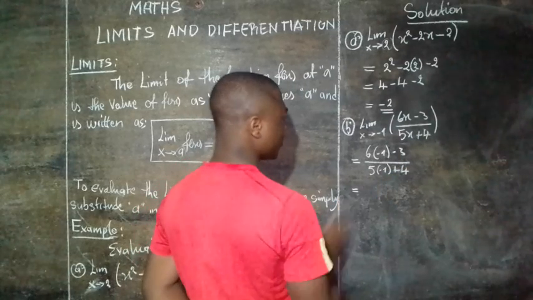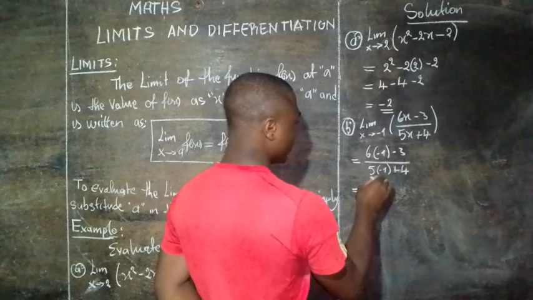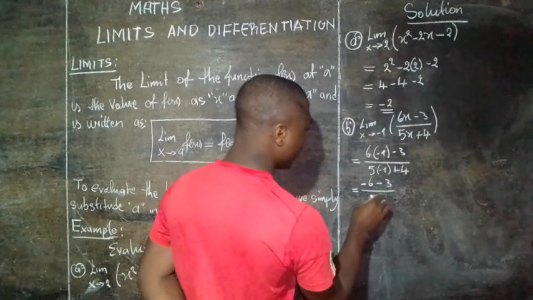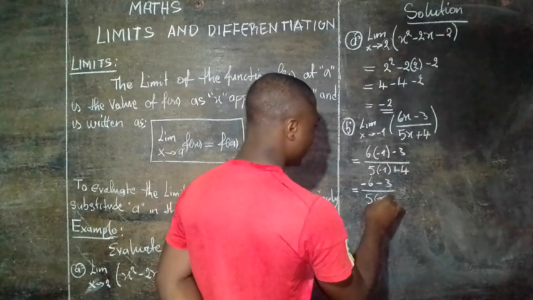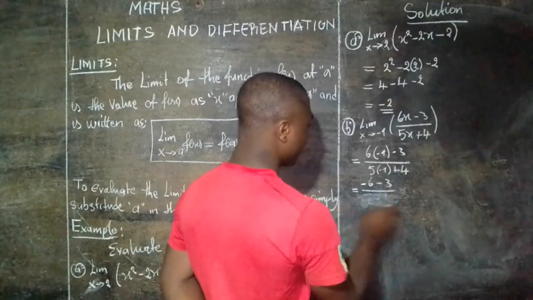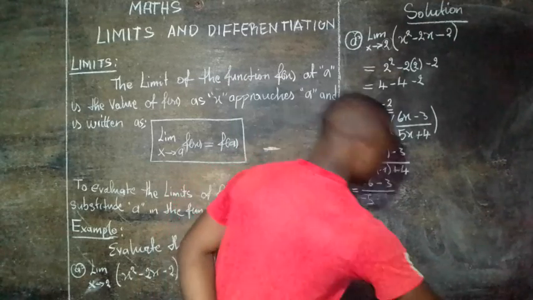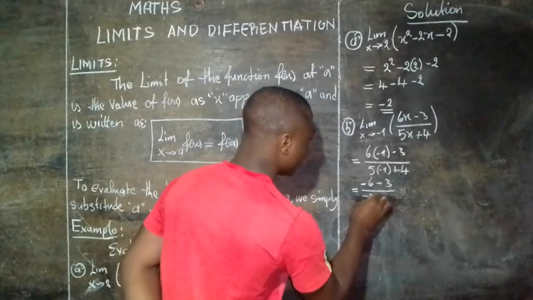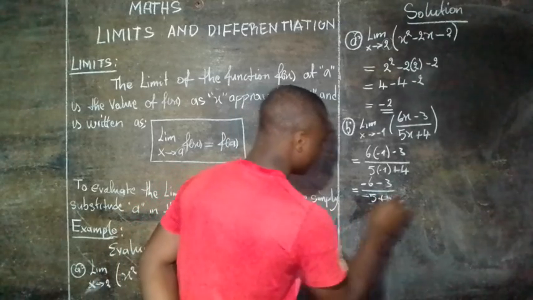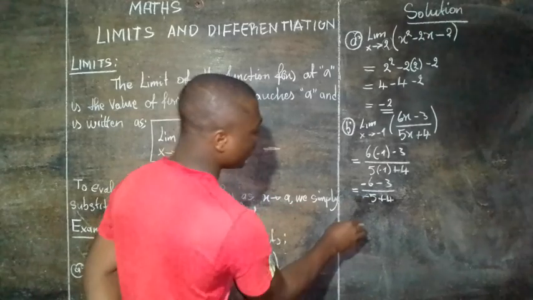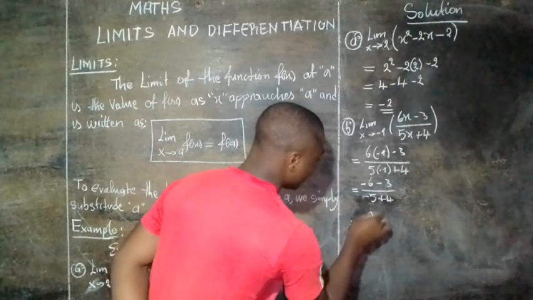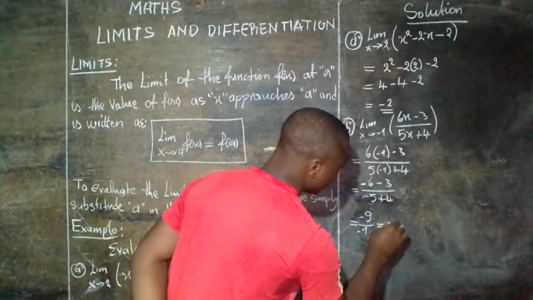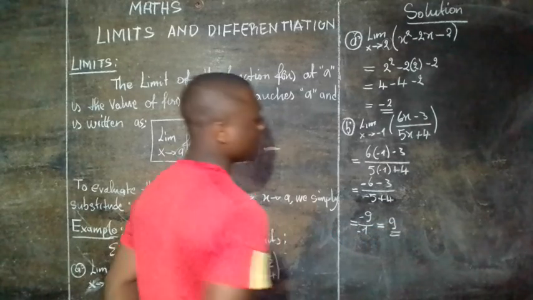And this will give us negative 6 minus 3 all over 5 into negative 1, negative 5, let me wipe like this so that it will be clear, plus 4. That is what it will give us. What does this give us equally? It gives us negative 9 all over negative 1, which is equal to 9. That is our answer, guys.